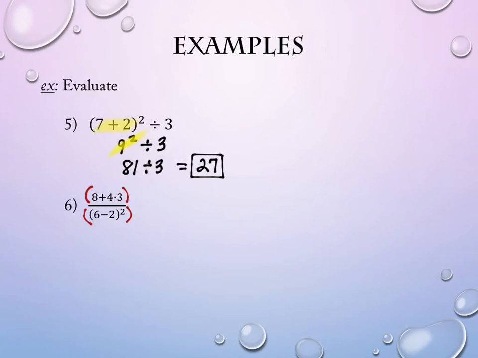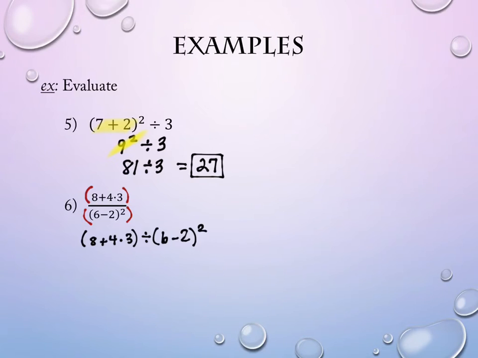You could also think of this in a different way. You could think of this as saying 8 plus 4 times 3 divided by 6 minus 2 squared. Okay? You don't have to rewrite it, but that's really what that division bar is saying, that I have the whole numerator divided by the whole denominator.